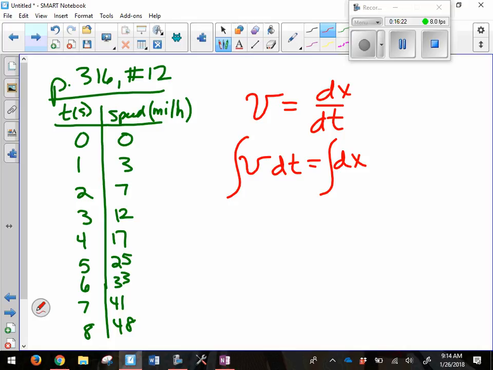So I need limits on my integral here. 0 to 8. And I'm going to very importantly label it as seconds, because you should have noticed that my time is in seconds, but my speed is in miles per hour. And then I'm going to want my answer to be in feet, which is just another example of the stupidity of your book.